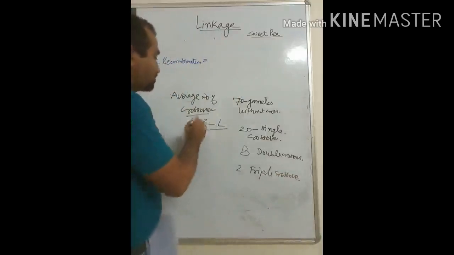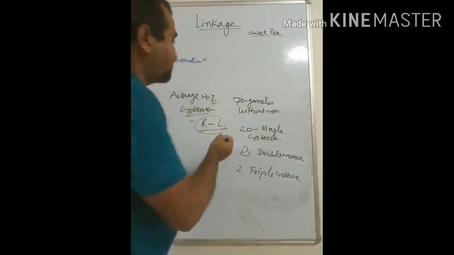So the average number of crossovers between R and L is calculated.